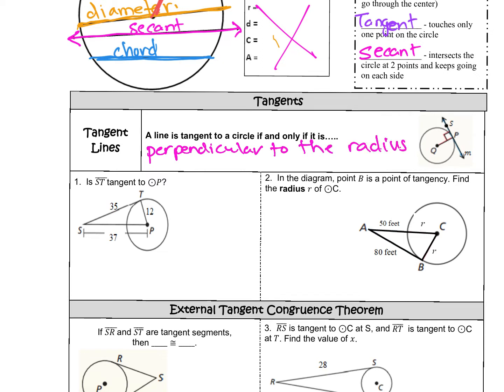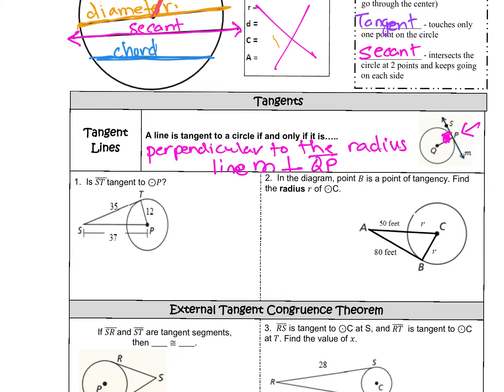So it'd be in this figure right over here. Line M is perpendicular to segment PQ. So because it's perpendicular, remember it forms a 90-degree angle right there.